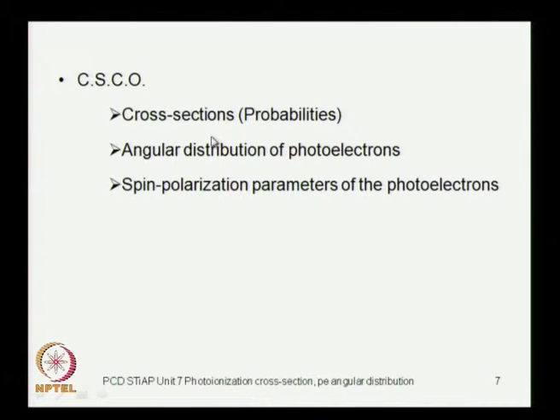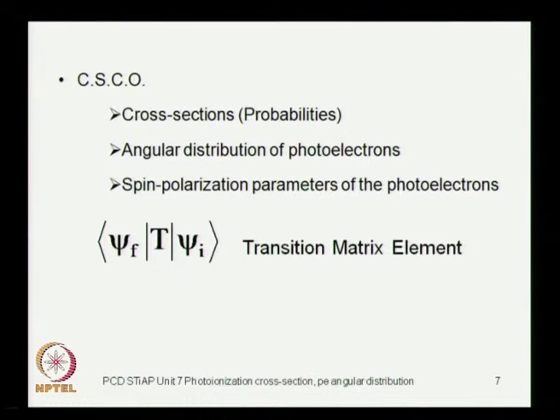In addition to the cross sections and the angular distributions, you can also measure the spin polarization parameters of the photoelectrons. So, these are compatible measurements with each other. So, the uncertainty principle will allow you to carry out these measurements, and which is why a complete experiment requires you to study all of these parameters, not just one of those.